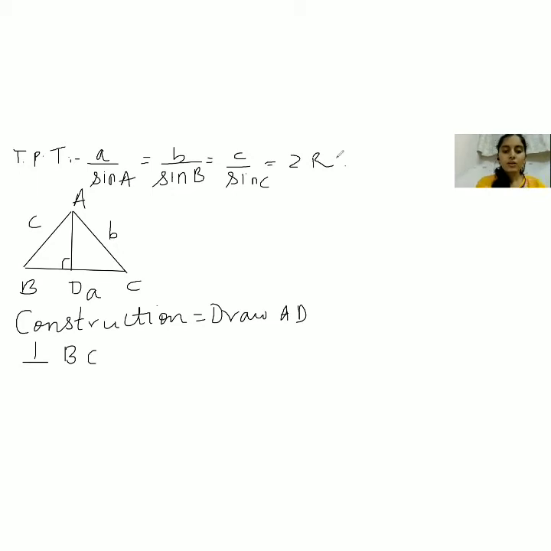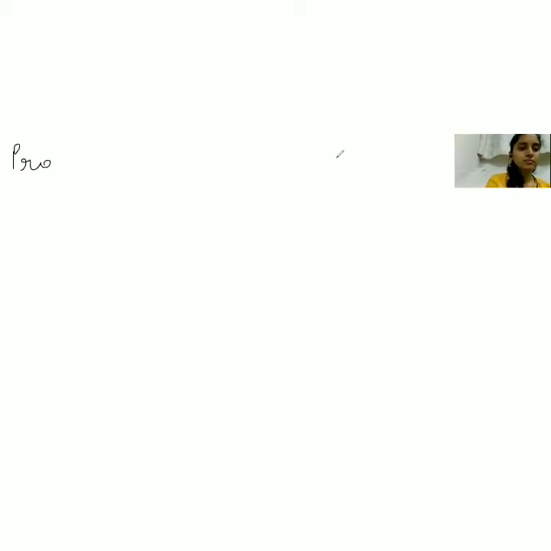How do we start the proof now? For the proof, first step: sine C is equal to what? What is sine C in the diagram?